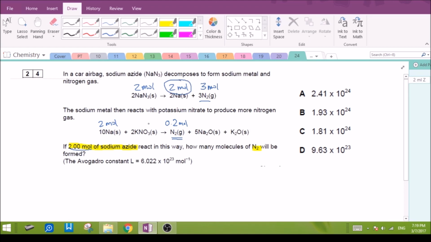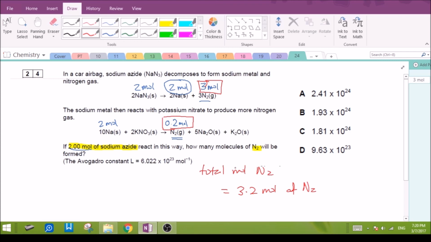So what is the total amount of nitrogen formed? We have 3 moles here from the first reaction, and then we have a further 0.2 moles from the subsequent reaction. So in total, we have 3.2 moles of nitrogen molecules.